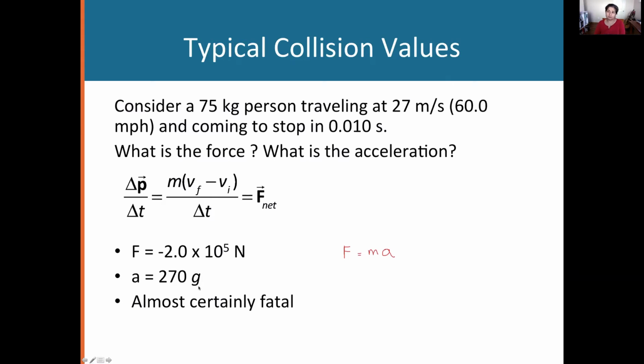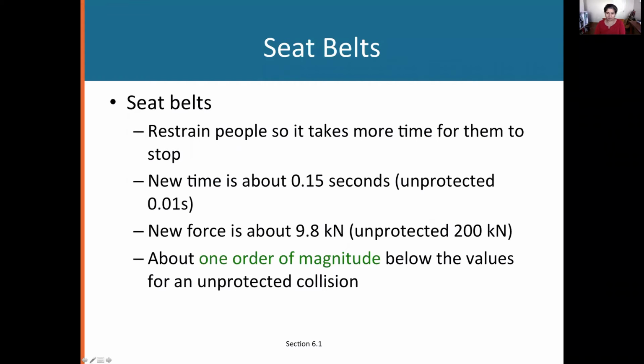You might have heard of the term g-force. That means how many times g. It's a unit we like to use for acceleration. This is almost certainly fatal. I'm going to show you now what kind of g-forces your body is able to tolerate. In a minute, we'll come to that.